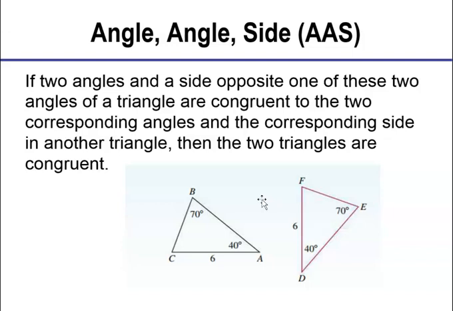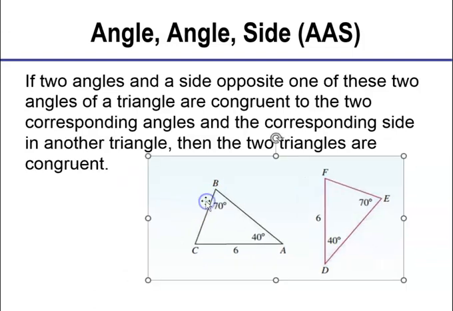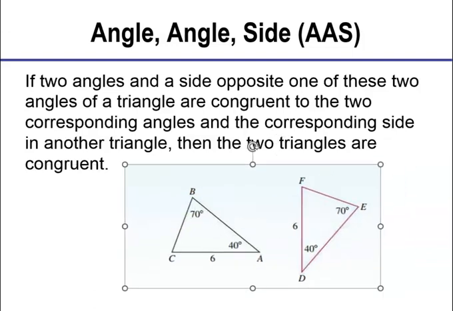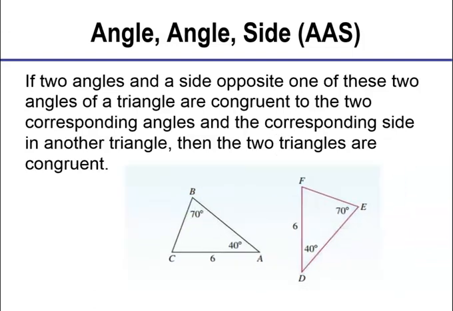So we've got an angle of 70 degrees here. Let's get that pen working like it should be. An angle of 70 degrees here. That corresponds to E over here, that's 70 degrees. So B and E angles are congruent.